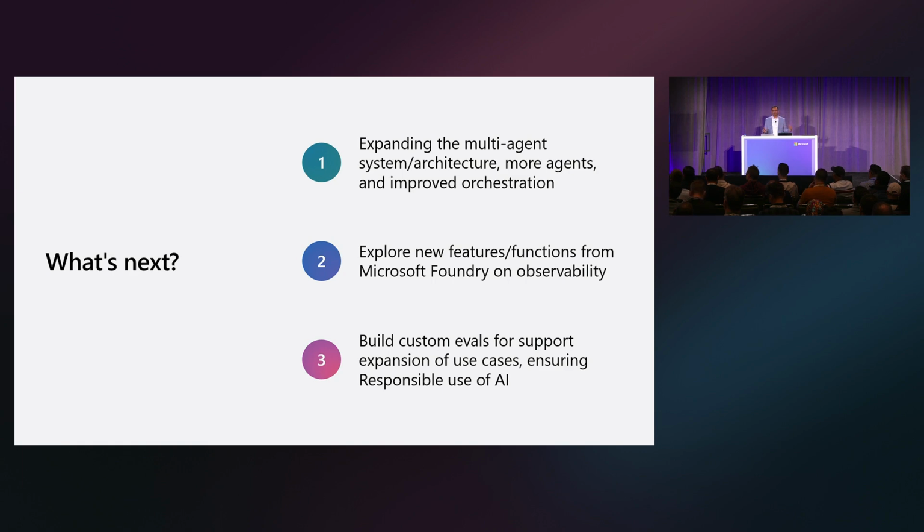We are excited to explore that and see what we get out of the box and what we need to build as custom evaluators. And lastly, I do anticipate that as our use cases expand, we will need to build more evaluators. This is in line with ensuring that we are still using our AI in a responsible way.